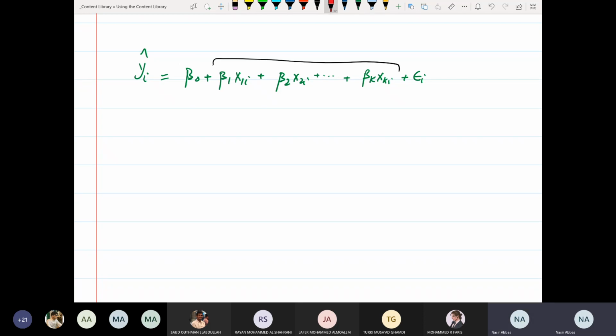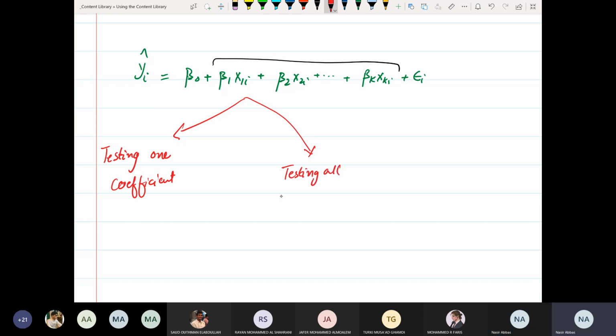So you may be interested in testing one variable, or let's say one coefficient, all coefficients at the same time, or some coefficients.